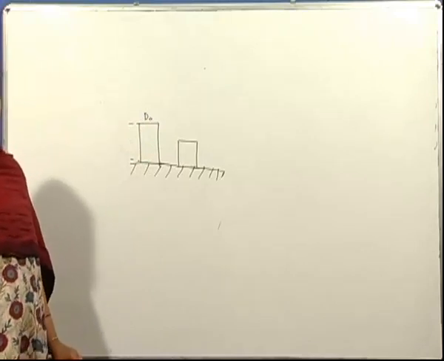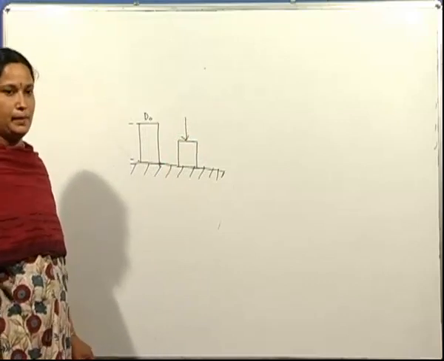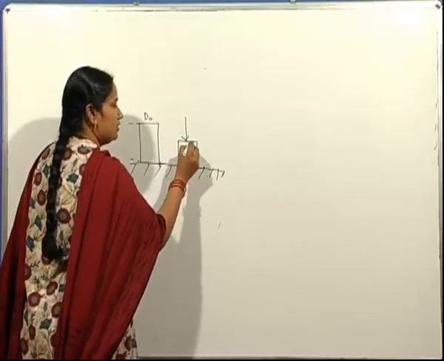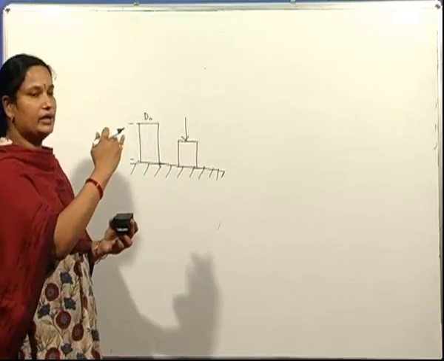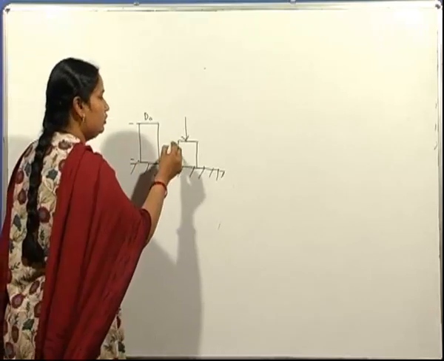The reason for this is when these specimens are compressed by means of the compressive force, the surface of the cylinder which is in contact with the anvil surface, because of the friction, cannot flow freely.